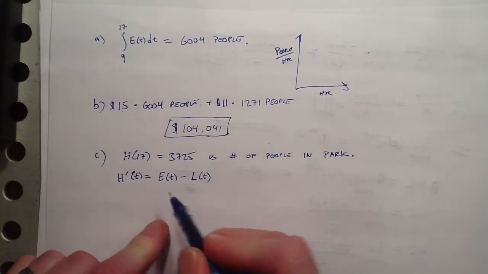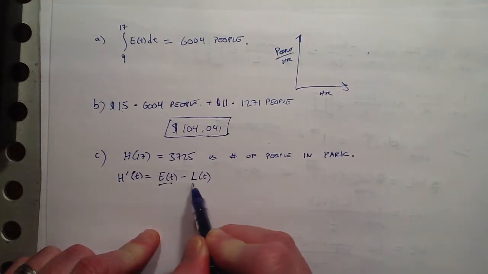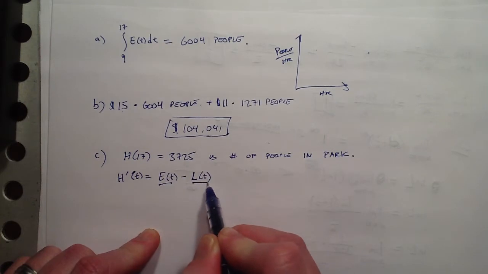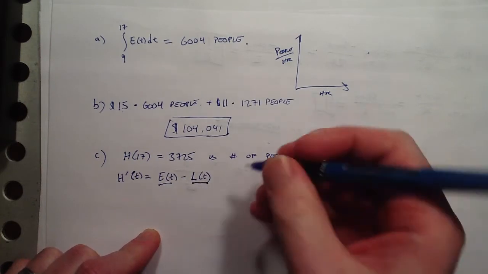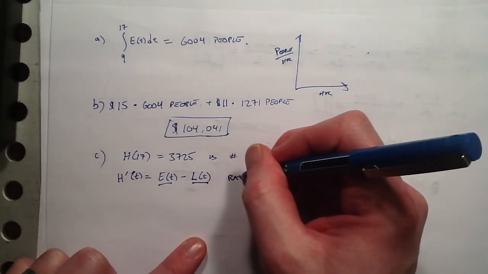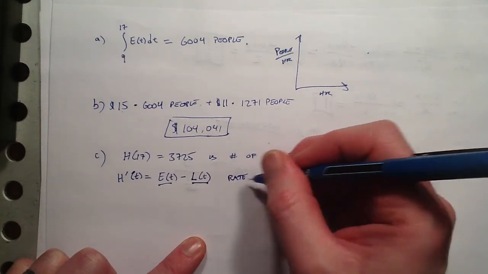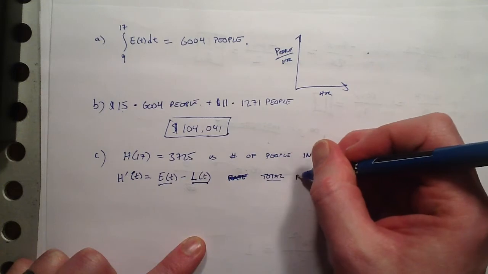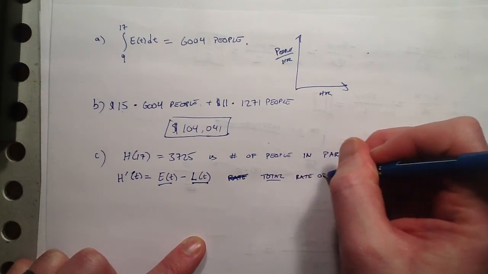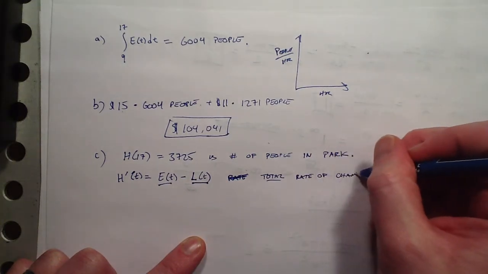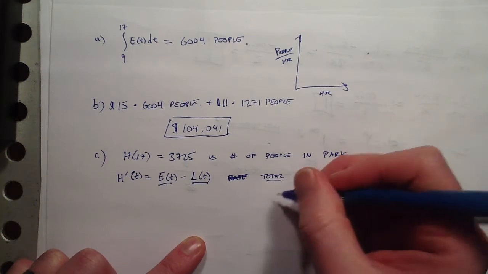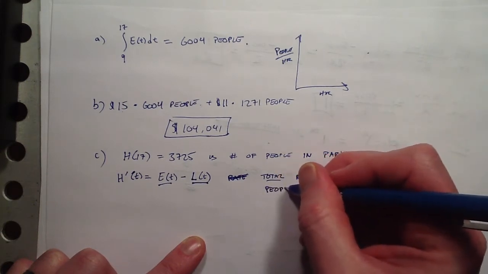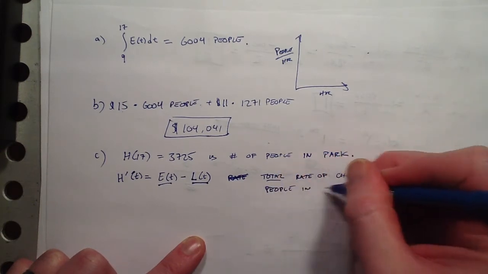And that's the rate at which people are entering minus the rate at which people are leaving. That is the rate. That's like the total rate of change of people in the park, right?